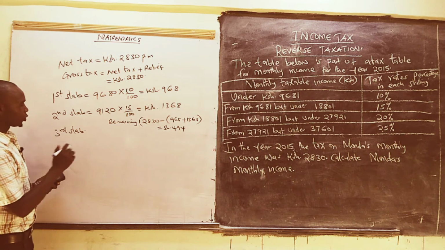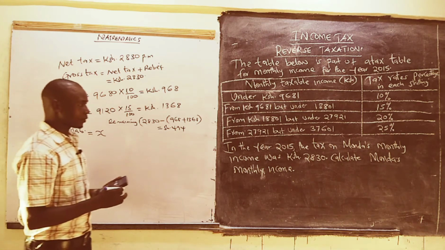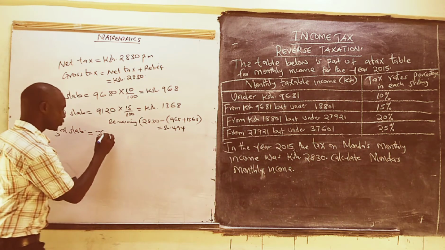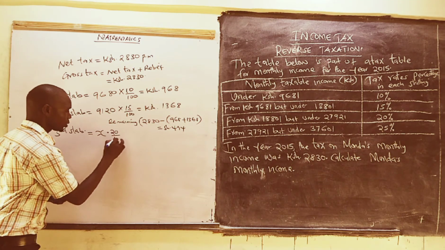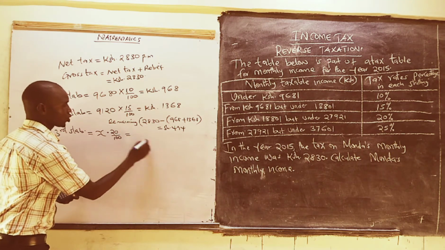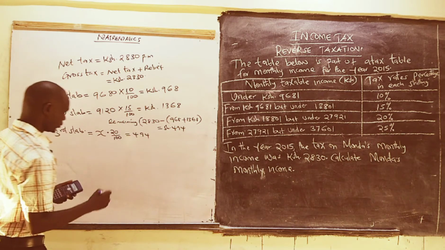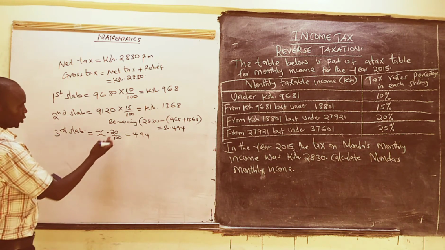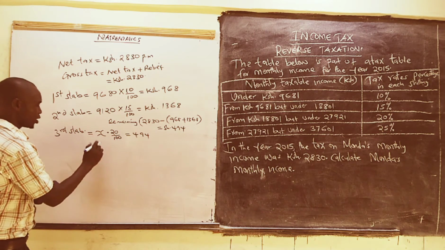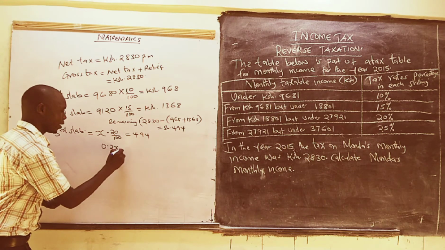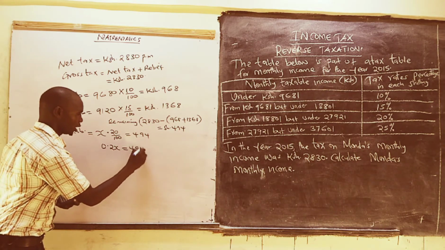So what we are going to do, we assume the amount of money that was taxed is x, and it was taxed at the rate of 20%. That is 20 out of 100, and this is going to be equal to the amount of tax, which is 494. From here, we know 20 out of 100 is 0.2. 0.2 times x gives 0.2x, and this is equal to the tax, which is 494.